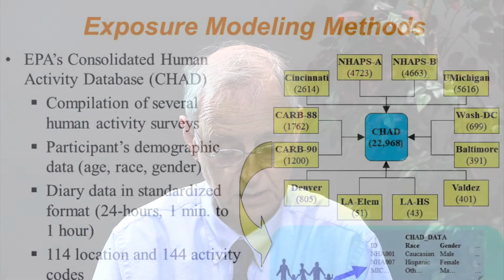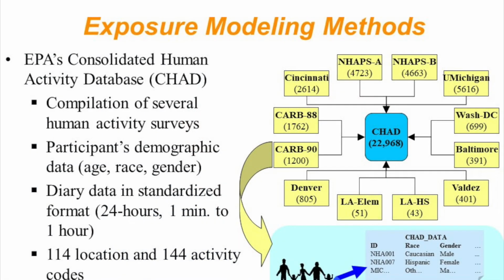On the next slide, slide 15, I show what type of human activity diary information is typically used in these stochastic models. The main information for most of these models comes from EPA's Consolidated Human Activity Database, or CHAD for short.